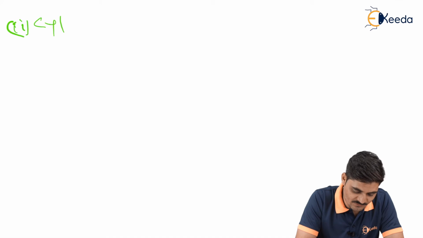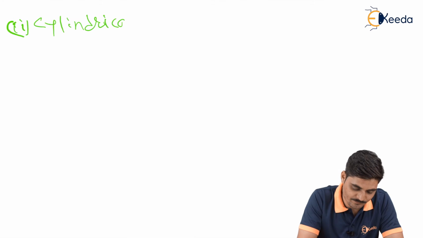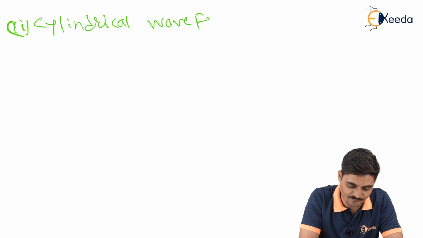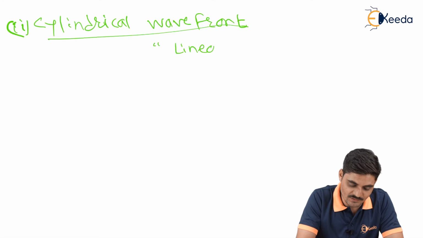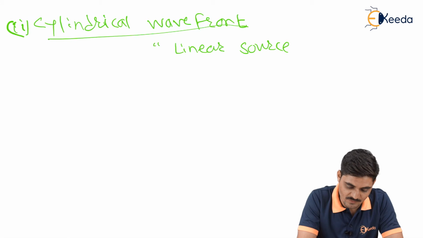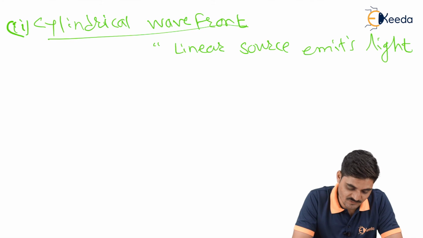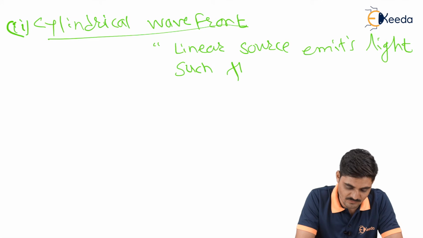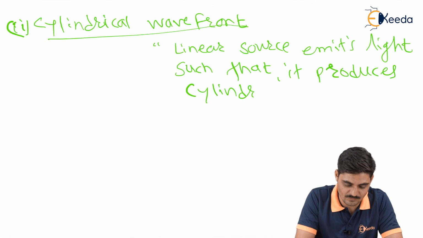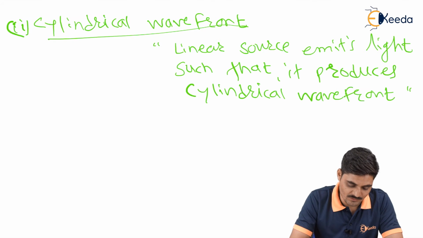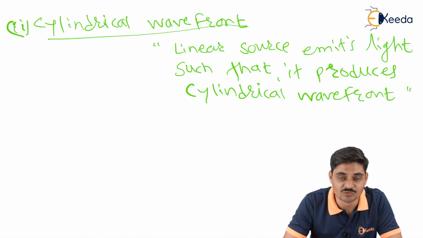Now we'll try to understand the second type, cylindrical wavefront. A linear source emits light such that it produces cylindrical wavefront. Like the one we are having in our households.